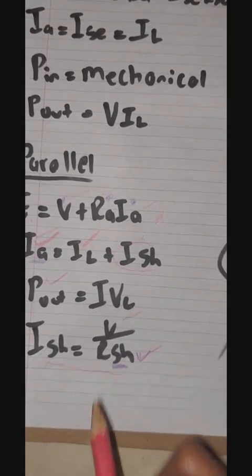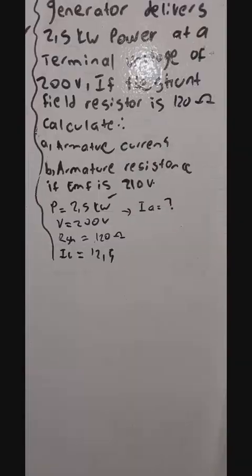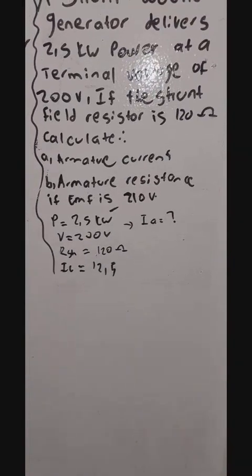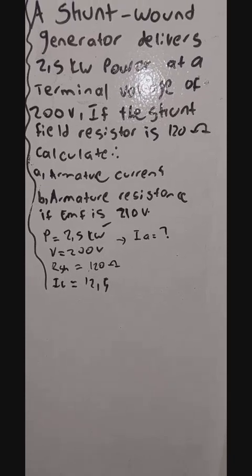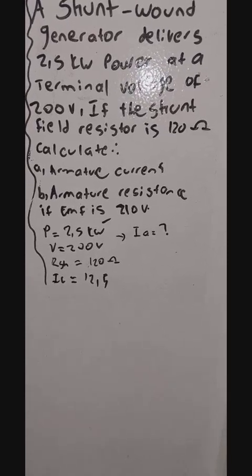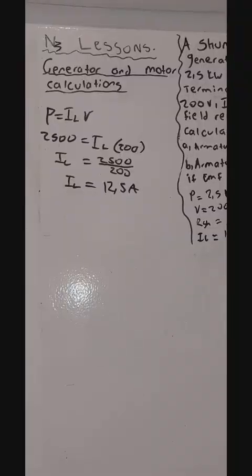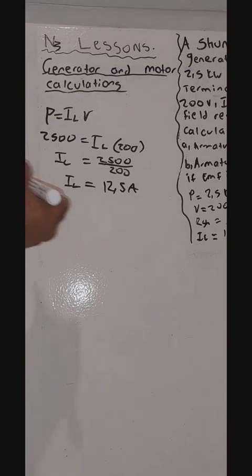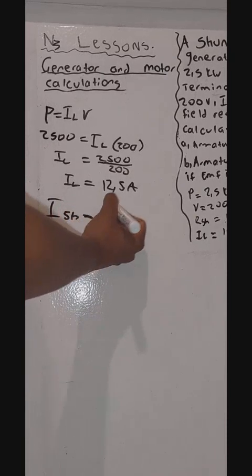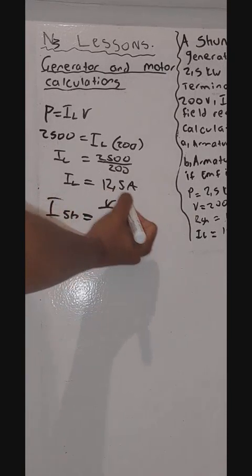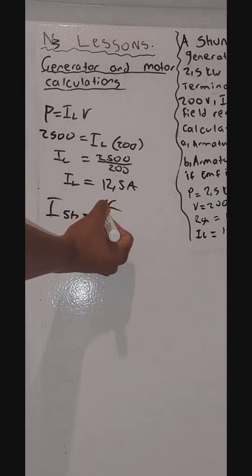I shunt is equal to V over R shunt, because we are given the R shunt here. We have the R shunt, which is 120, and we have V. We have both. So let's solve. I shunt is equal to voltage over R shunt.